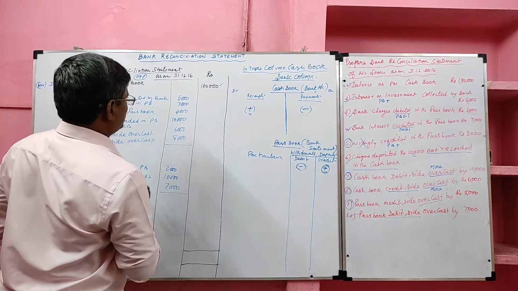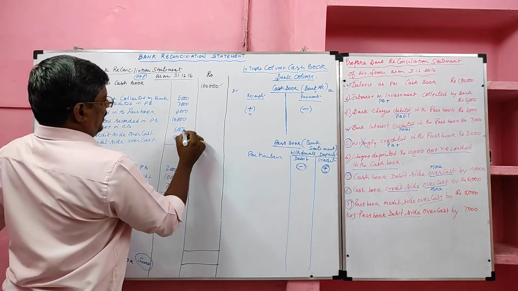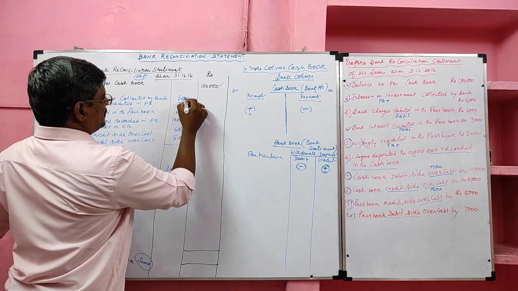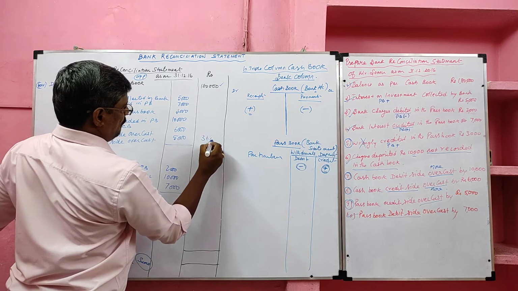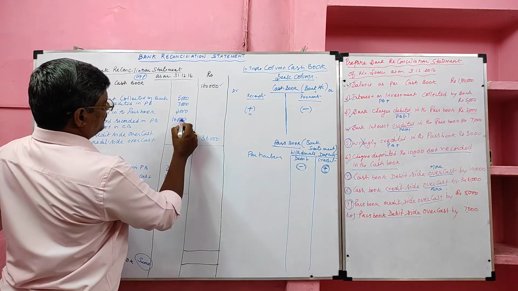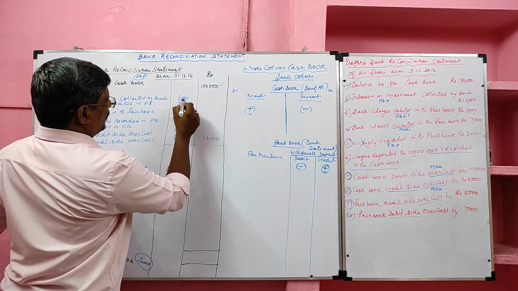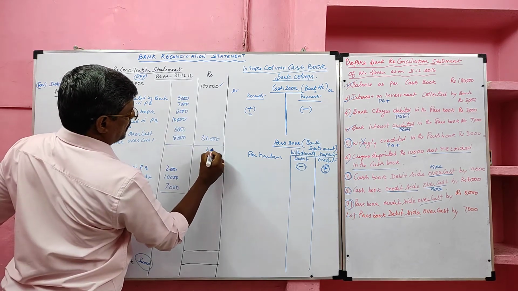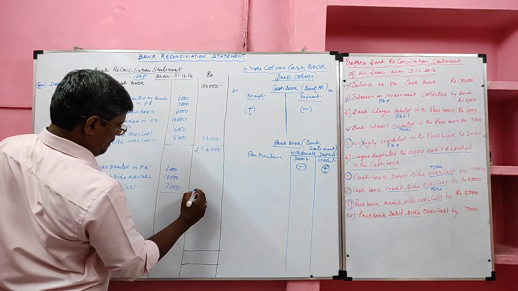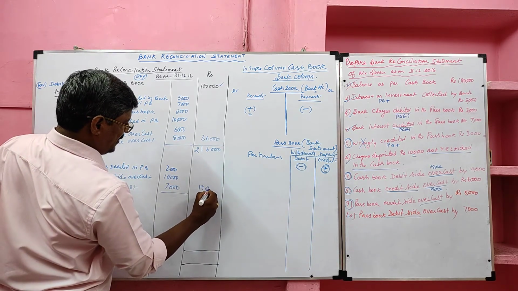Now we will close this. 11, 21, 24, 31, 36. Once again, I am repeating, 11, 21, 24, 31, 36. Here total 19,000.